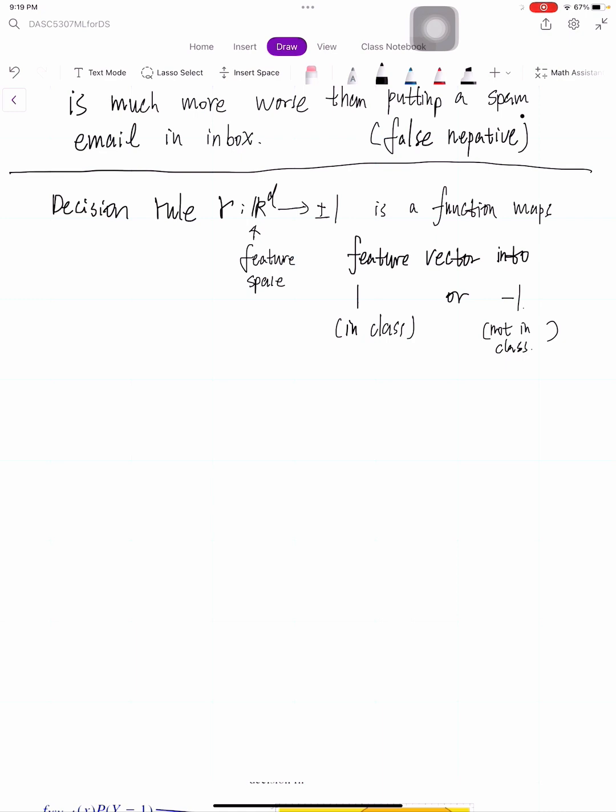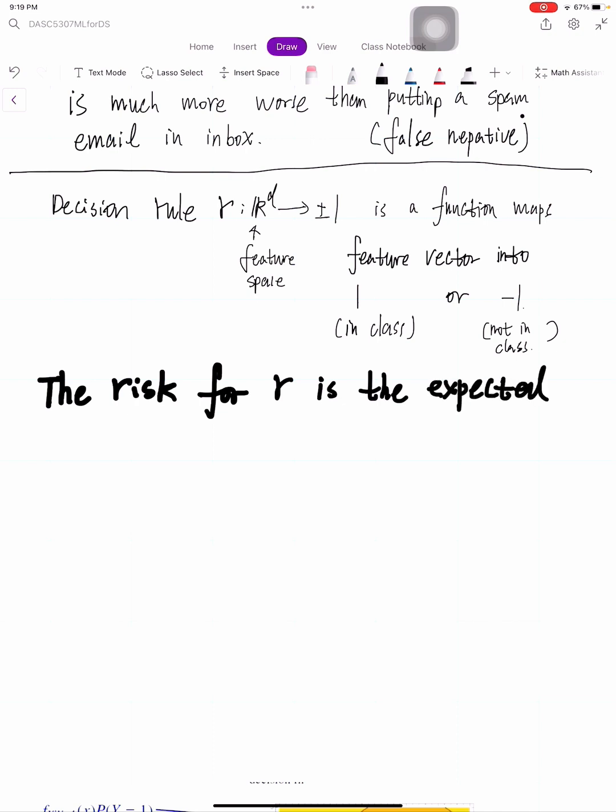The risk for the classifier R is the expected loss over all values of x and the label y.